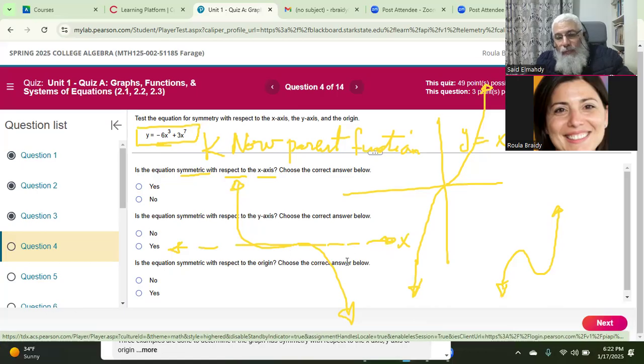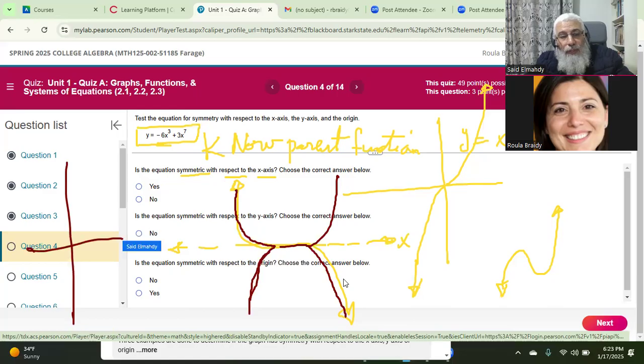If it is symmetric, I need for this branch something like it here, and this one I need something here. That would be symmetry. But if it comes from above and goes down like this, it cannot be symmetric with the x-axis and cannot be symmetric with the y-axis either.